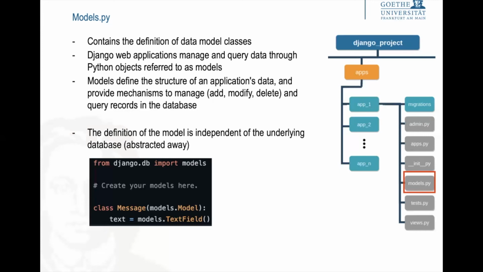And also note at this point that the specific type of the database is abstracted away by this additional layer of defining those data models inside Django.